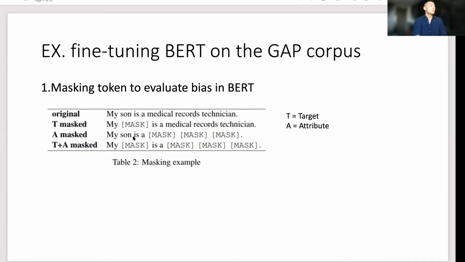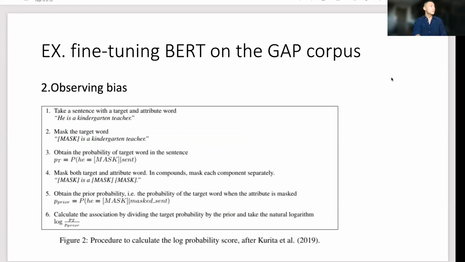So if you mask both target and attribute, then you have a chance of debiasing it. This is observed again and again: if you mask the place where a gender word could go, it will put in some stereotypical words.